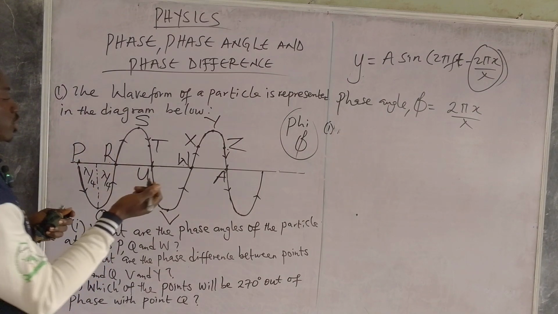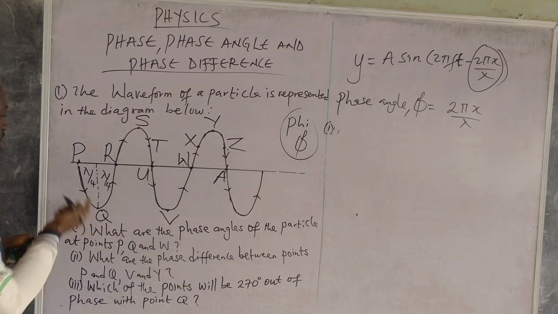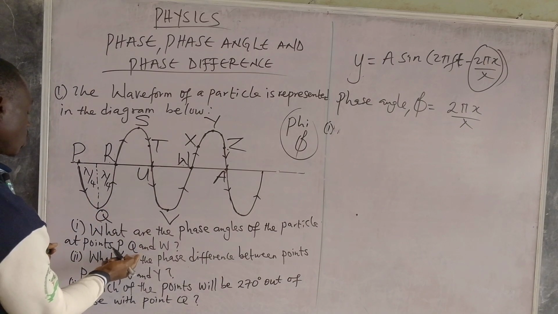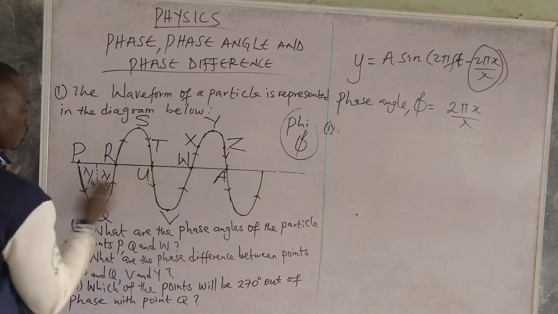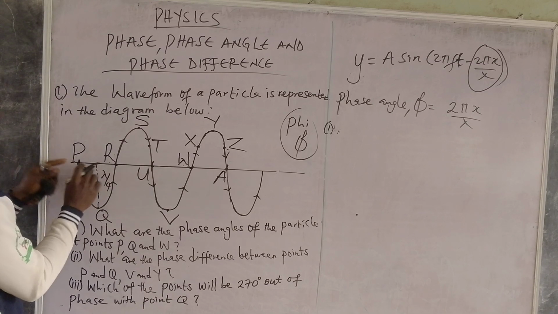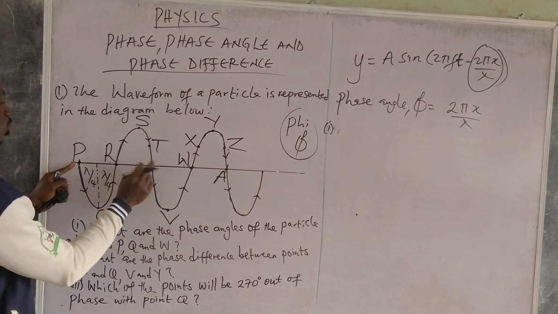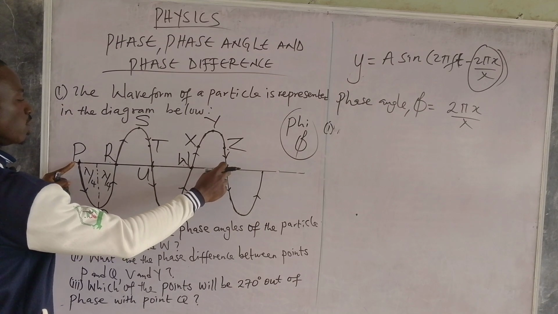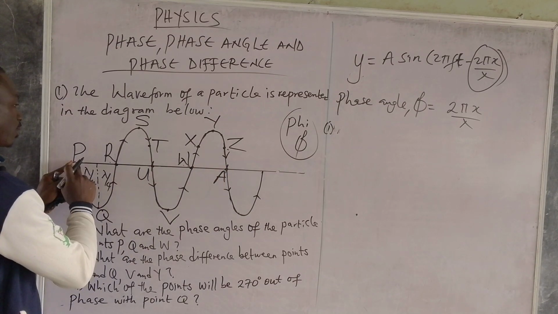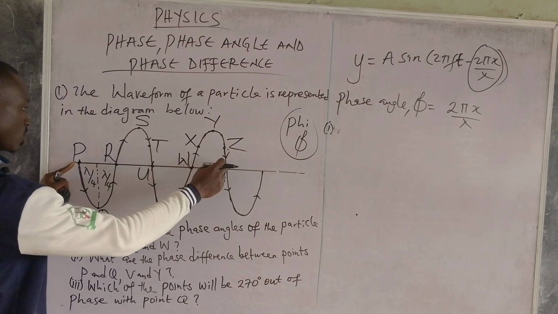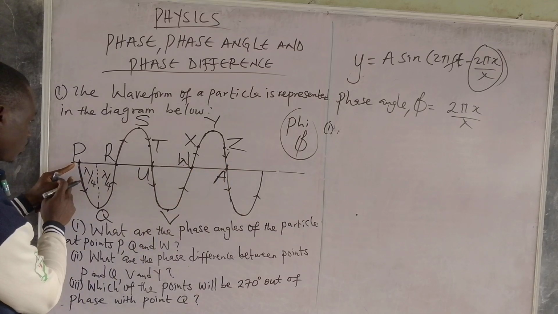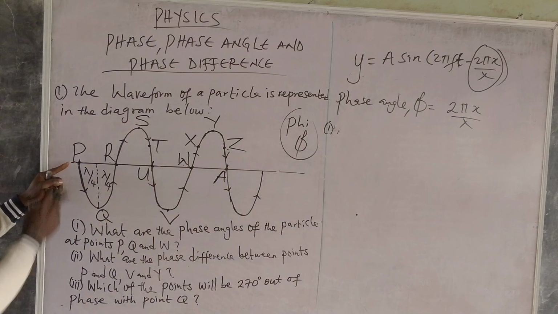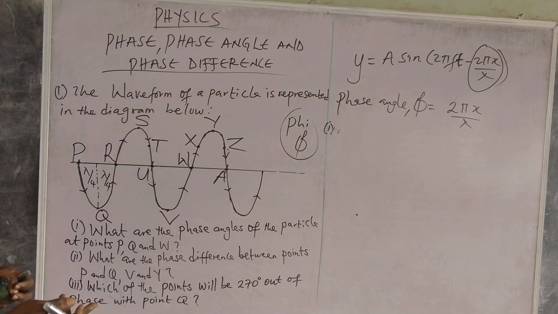So how many wavelengths do we have from point P to Q, from the origin to Q? Because the origin is point P. So P to U is one wavelength. Then U to A is another wavelength. Sorry, I think I made a mistake here.